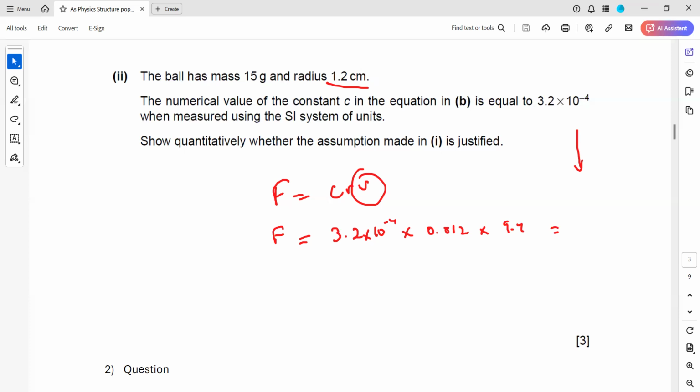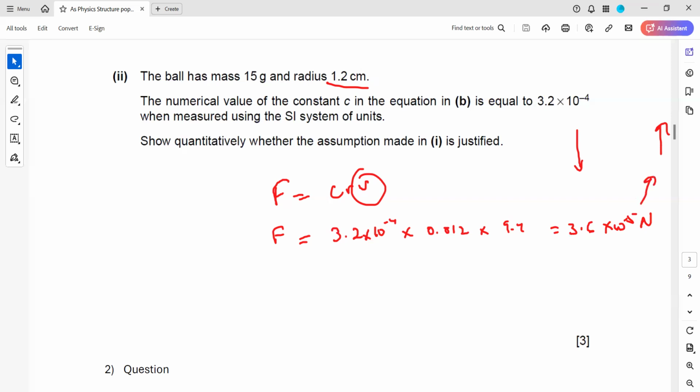What's the answer for the resistive force? So it is 3.6 times 10 to the power minus 5. That's the resistive force, the force which is opposing the motion.